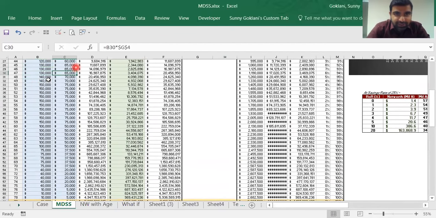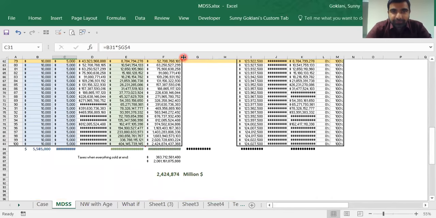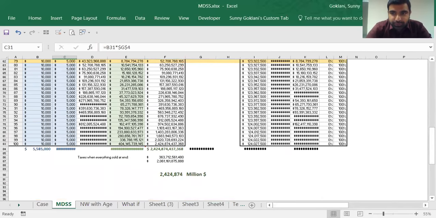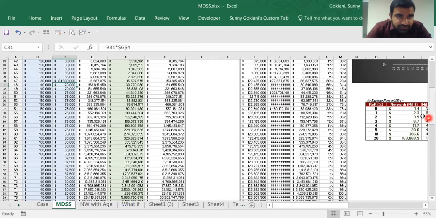If at the age of 47, the number here was 121,300,000. Yeah, if you sell your company by the age of 47 for $121 million, you'd be worth $2.4 billion. I think, let me correct that model a bit. I think I did something different, but I'll come back to that in the comments.